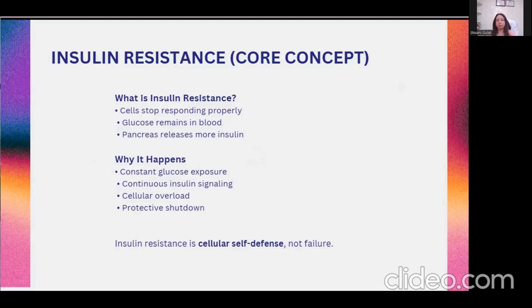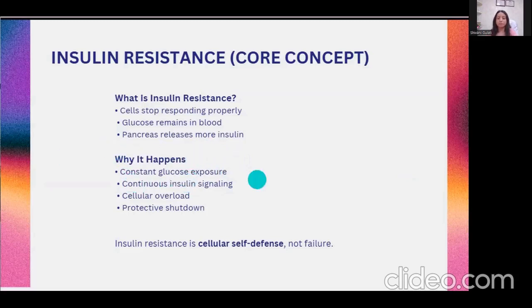So both the glucose and the insulin remain elevated in the blood. There is also one marker, C-peptide, which we get checked in case the person has diabetes, just to know how stressful the pancreas is working with this insulin management.